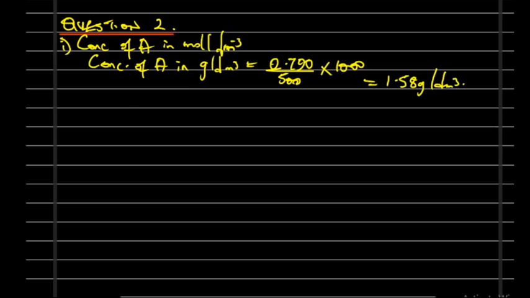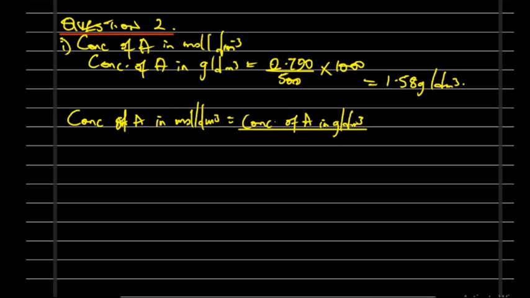With this, we can now calculate our concentration of acid in moles per dm cube. Concentration of acid in mole per dm cube equals concentration of acid in grams per dm cube over the molar mass of acid.